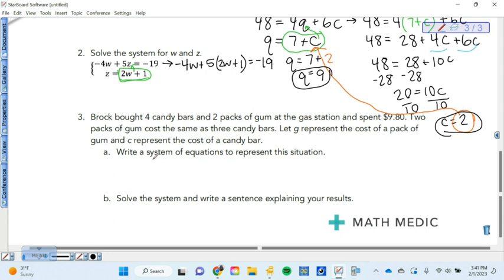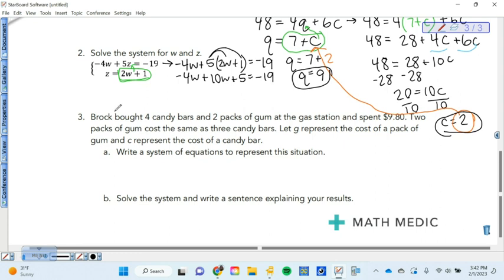And what do I do to solve this for W? Before combining like terms, what do you got to do first? Distribute, yeah? So I got negative 4W plus 10W plus 5 equals negative 19.